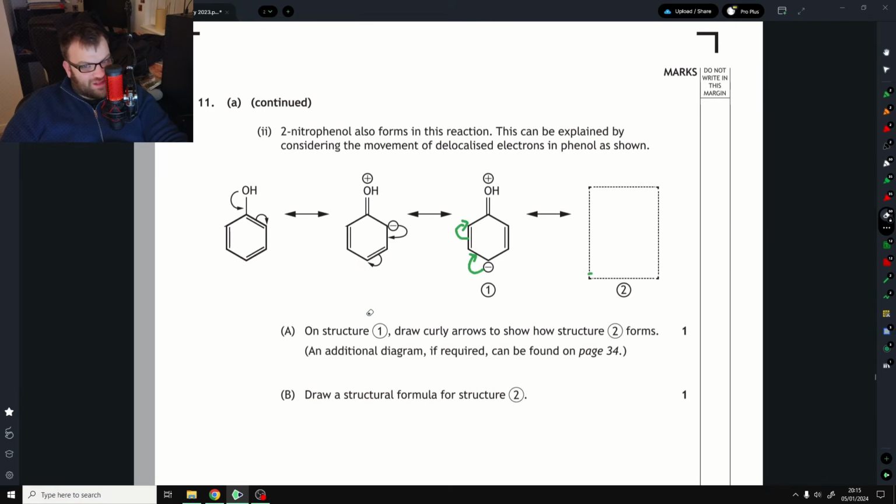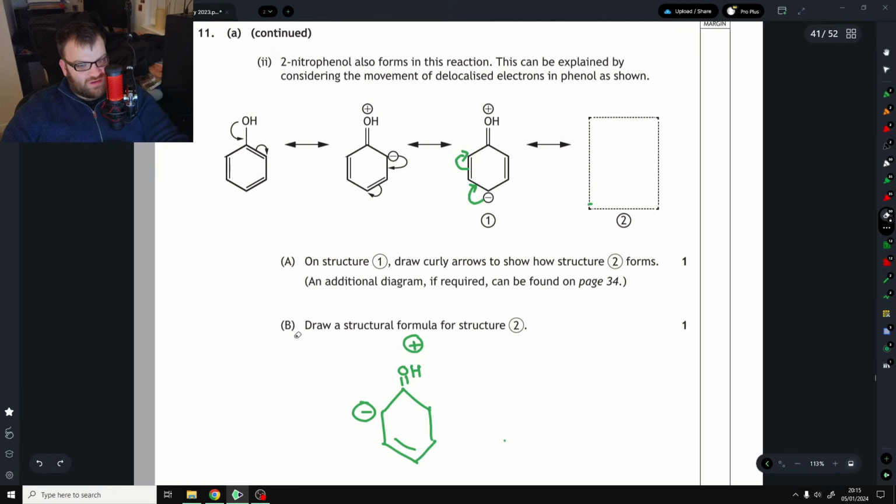We would break the double bond that we had previously. When it asks you then to go on and say, well, what would that produce? Well, we would end up with our ring again. The negative has moved around, rotated round, and we've got our double bond towards the bottom. The top part of the OH has not changed at all. That's going to stay exactly as is. And that gives us our structure for structure 2.